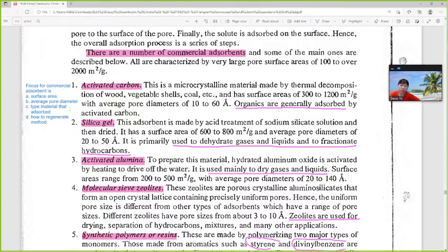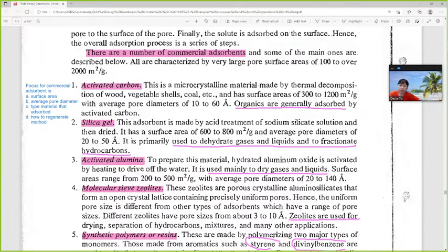The focus for commercial absorbents is surface area, average pore diameter, the type of material that is absorbed, and then the regeneration method.